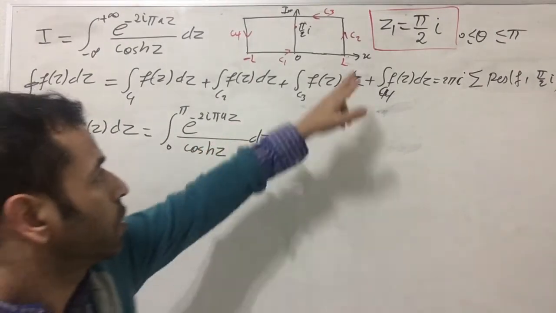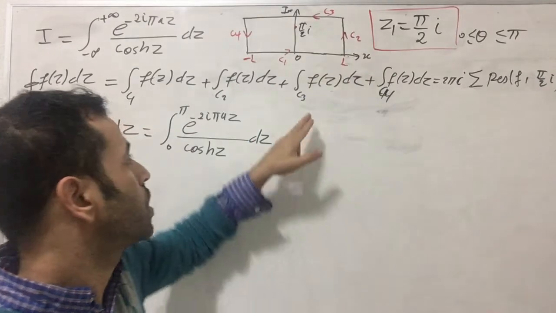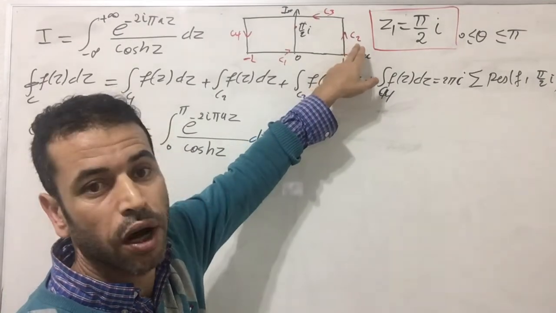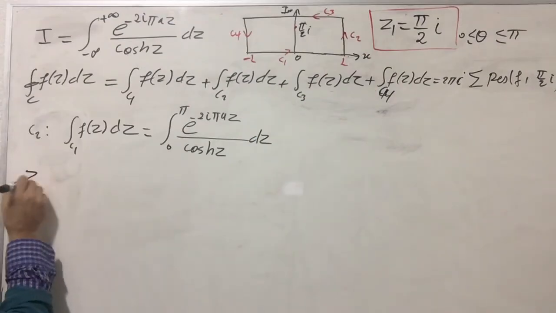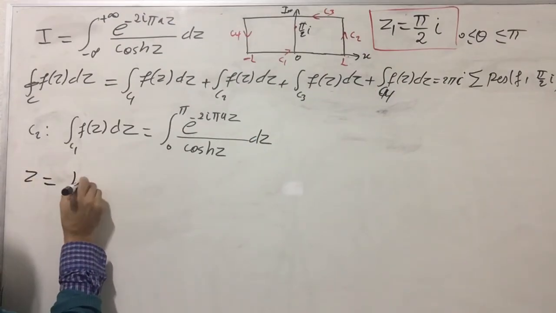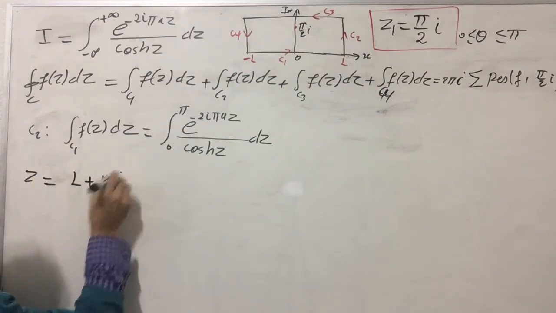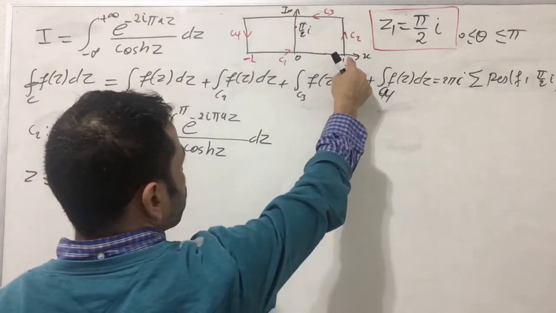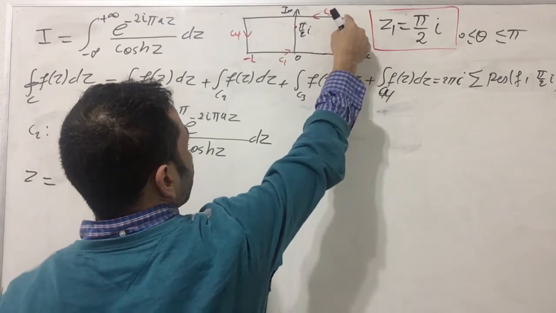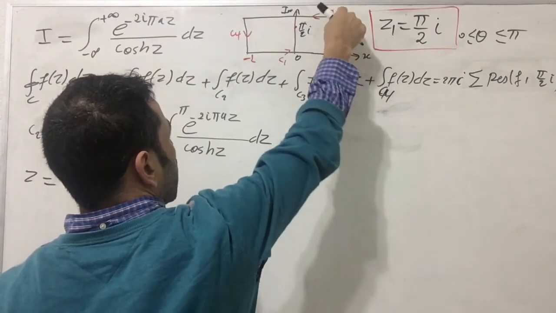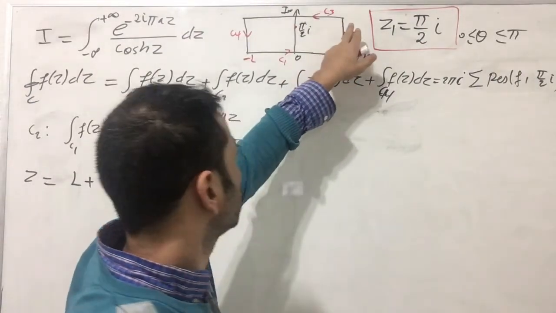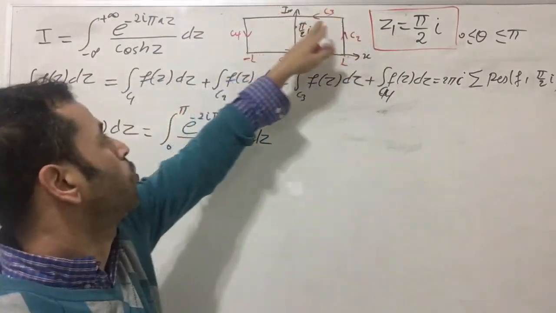If you take a look at the path c2, z equals L plus yi, as a complex number. When this point gets to the point L and keeps going up over the vertical axis, which represents a complex number, when you get to this point and turn around over c3.